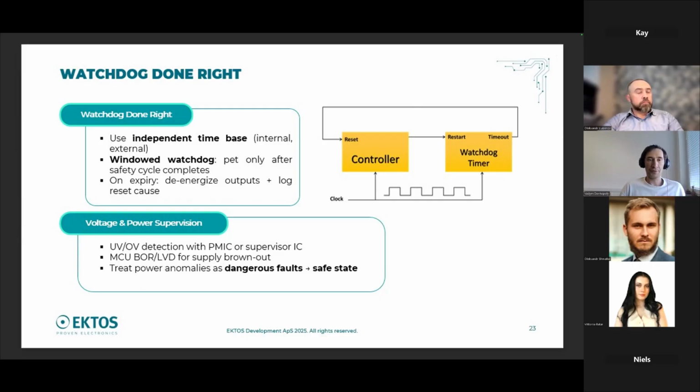One of the important things is voltage supervision. Specifically, overvoltage and undervoltage are critical here. It is one of the root causes of common cause failure, and you have to be very careful here. Any anomalies on your power rails should lead to the safe state.